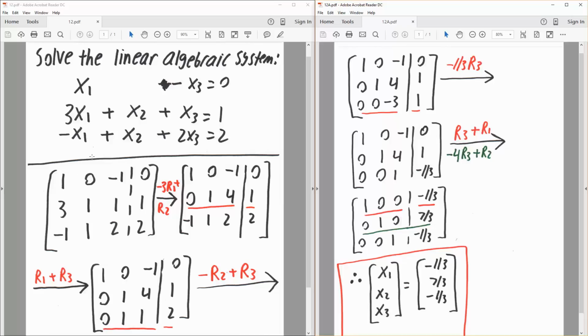So x1, x2, x3. And so we can conclude that x1 would be negative 1/3, x2 would be 7/3, and x3 would be negative 1/3. And so we solve this linear system using row reduced echelon form. And that's all we need to do.